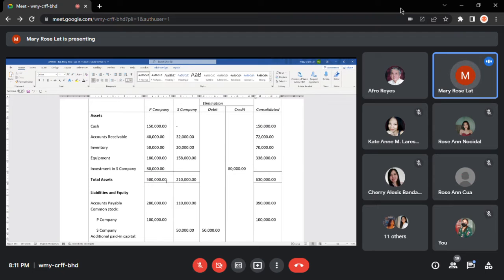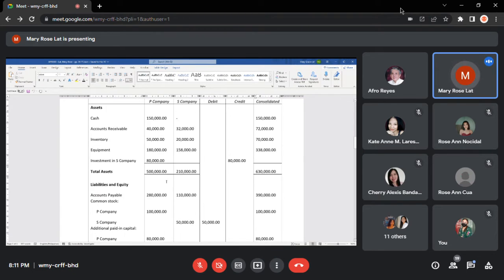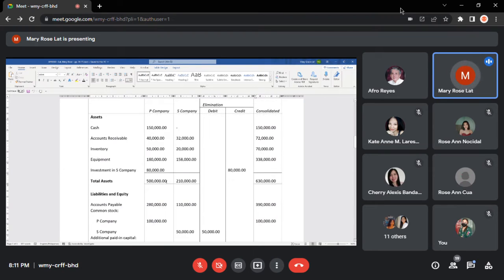Equipment of P Company is 180,000 while the S Company is 158,000, with a consolidated amount of 338,000. Investment in S Company, P Company 80,000. Total assets of P Company is 500,000 and the S Company is 210,000, with a consolidated amount of 630,000.